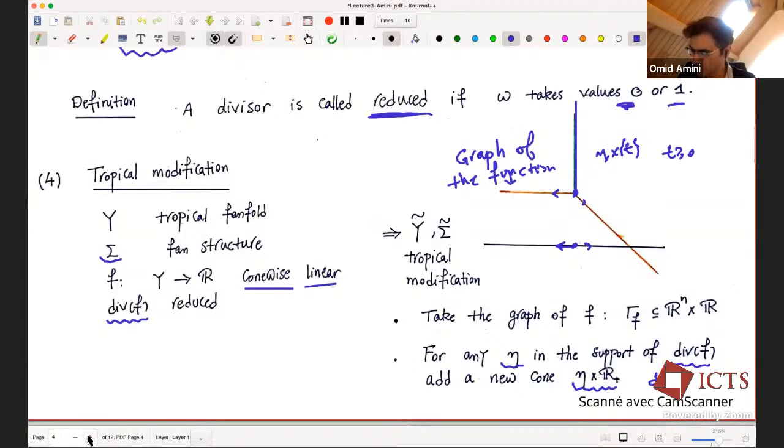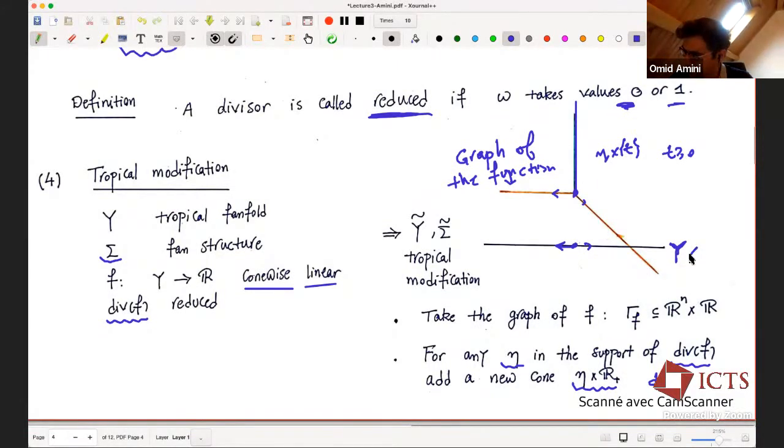Sorry, so in this example on the right, what was your Y? So here is Y. Okay, this line here is Y, and this is the graph of the function.